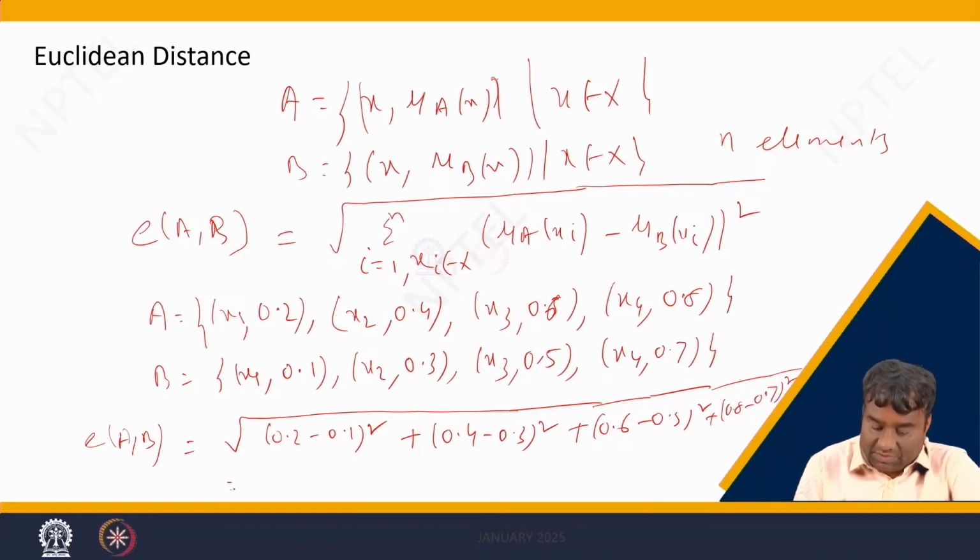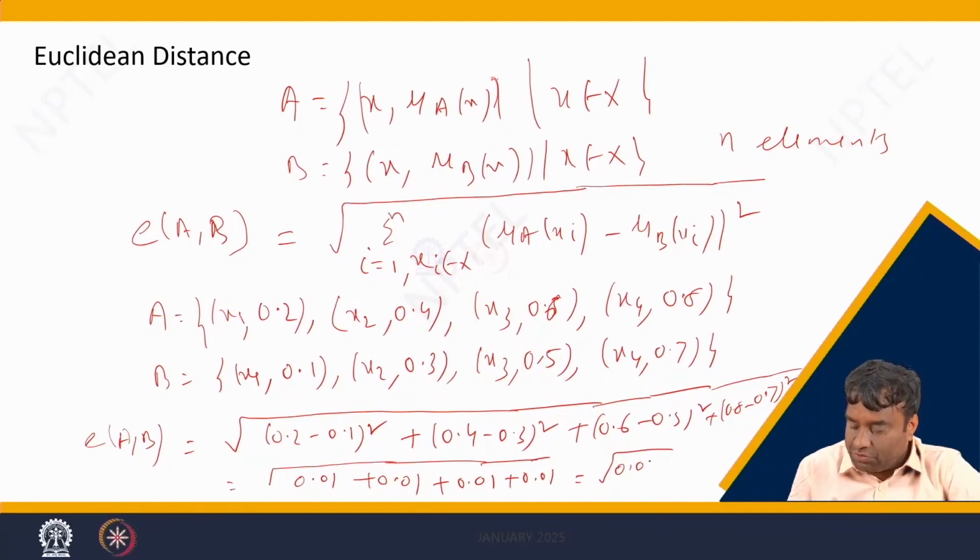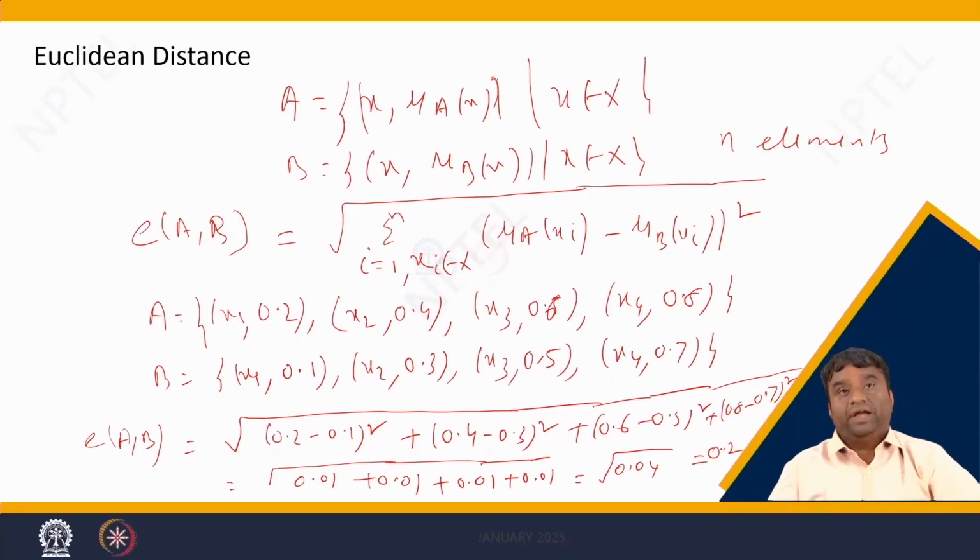That is 0.1 whole square, so 0.01 plus 0.01 plus 0.01 plus 0.01, which is the square root of 0.04, which can be written as 0.2. So we have defined the Hamming distance and Euclidean distance of two fuzzy sets A and B.